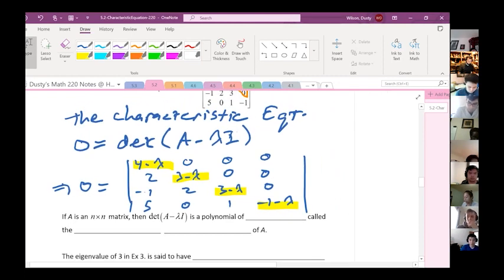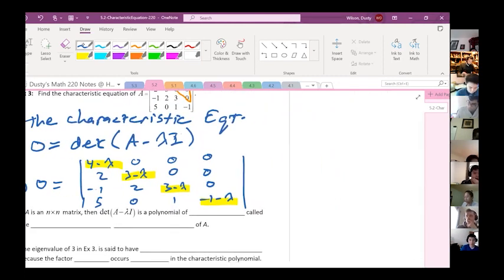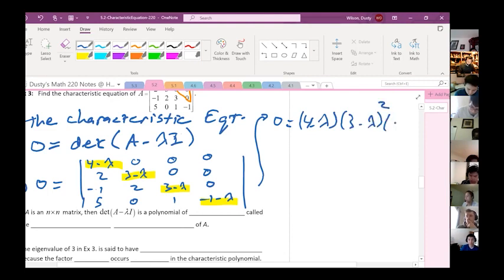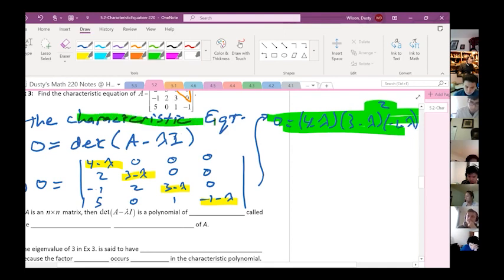And so we're going to get 0 equals 4 minus lambda times 3 minus lambda squared times -1 minus lambda. This thing right here is our characteristic equation.